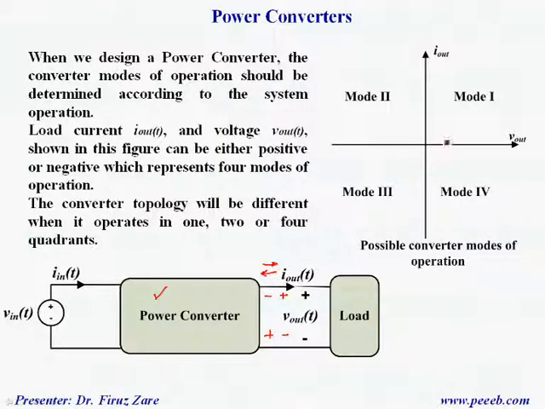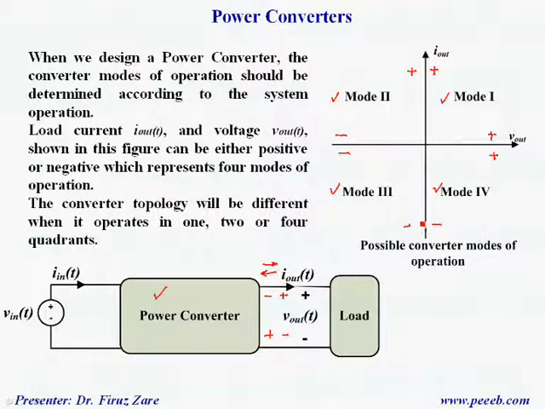So in this case, the system can operate either in this mode, where output current is positive and output voltage is positive, or in this mode, where the output current is positive and output voltage is negative, or in this mode, when output voltage and current are both negative, or in this mode, where output voltage is positive and output current is negative.